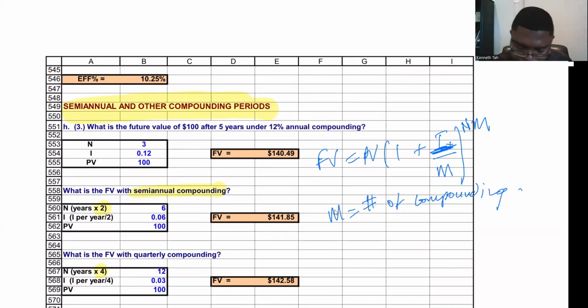So if we look at the case where compounding is done quarterly, for example, find the future value with quarterly compounding. With quarterly compounding, we see this adjustment. We take I, the interest rate, and divide by 4. We take the number of periods and multiply by 4.